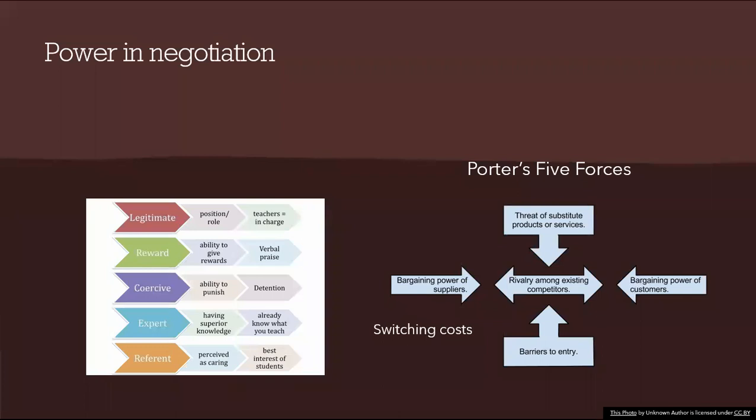Expert power belongs to people who have expertise or technical knowledge. Like when you are negotiating with the supplier, you may bring some people with an IT background, and that person will have insight into the technicality of the product, and may earn respect from the supplier.